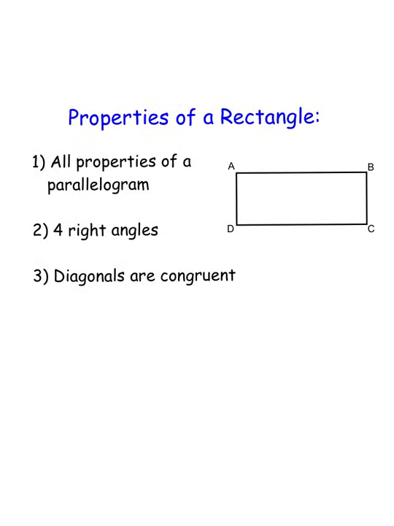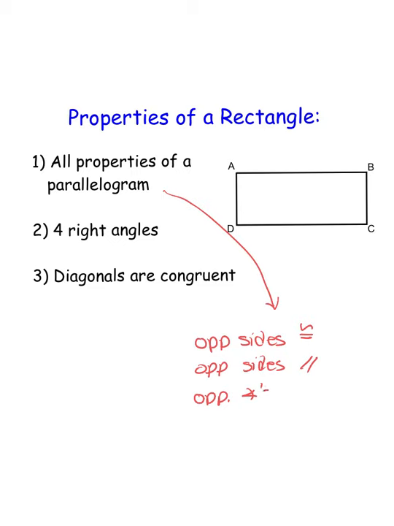So if we list them quickly down here, our opposite sides are congruent. The opposite sides are parallel. Opposite angles are congruent. Consecutive angles are supplementary.